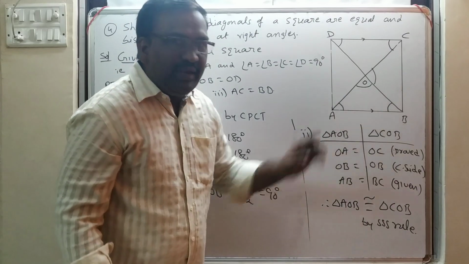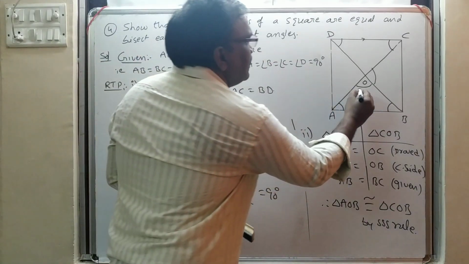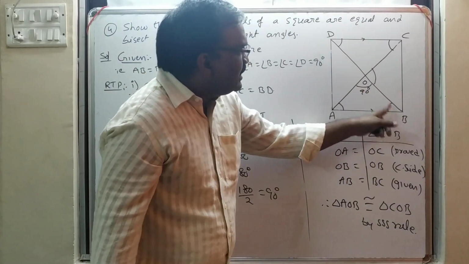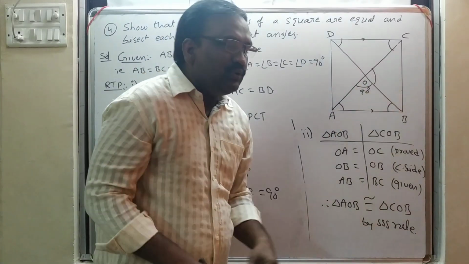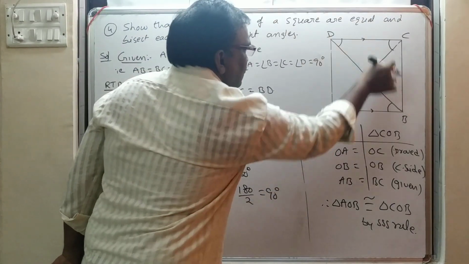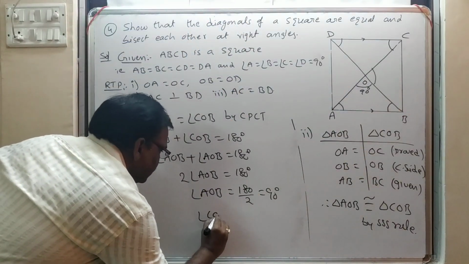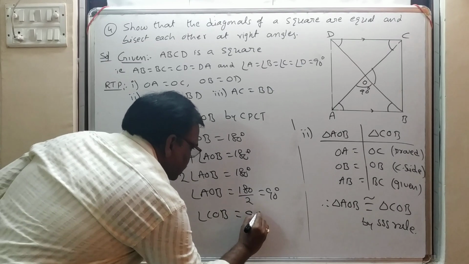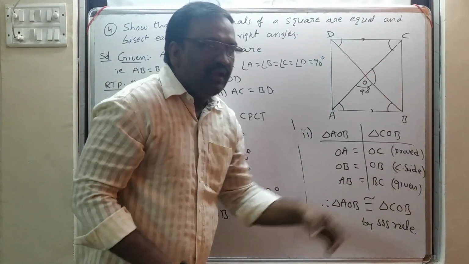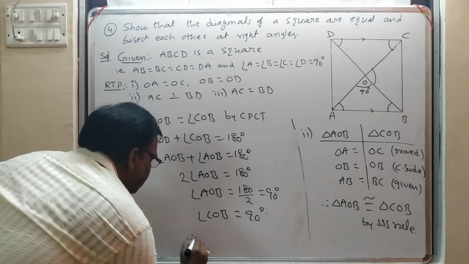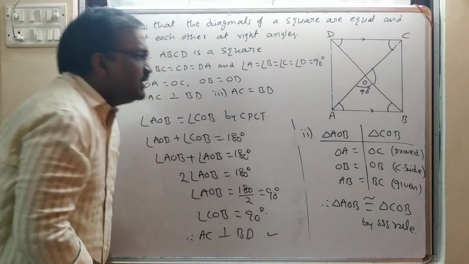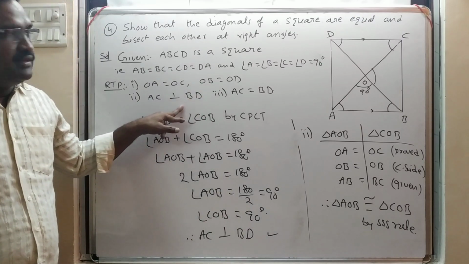So angle AOB is 90 degrees, angle COB also 90 degrees. Therefore, AC is perpendicular to BD. This is the second condition.